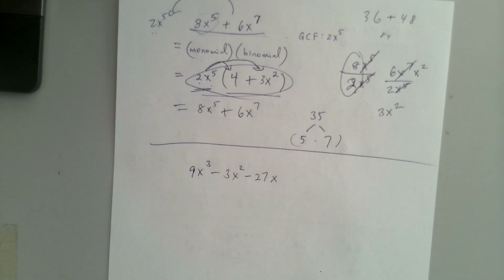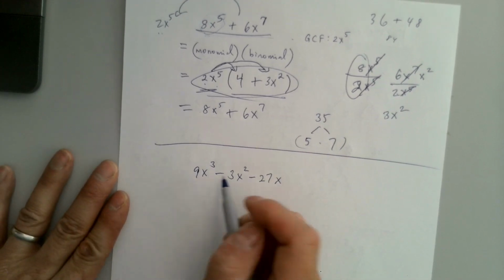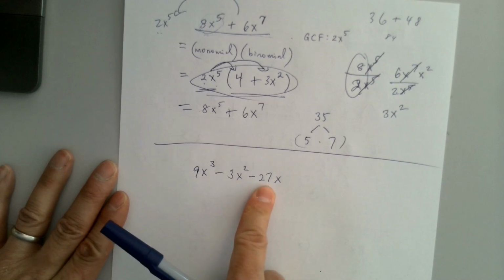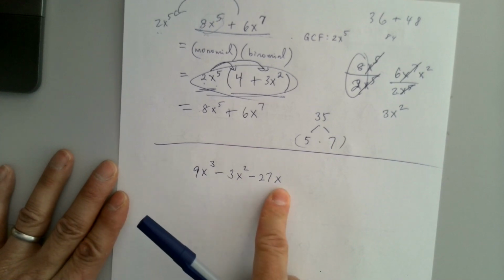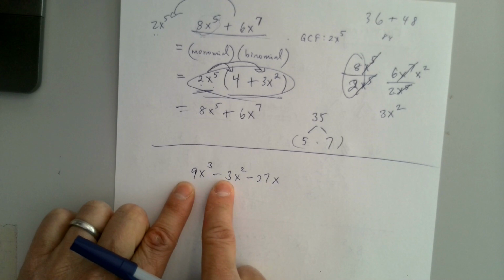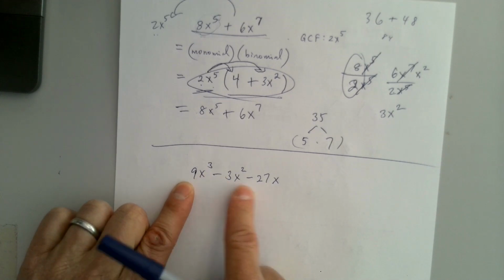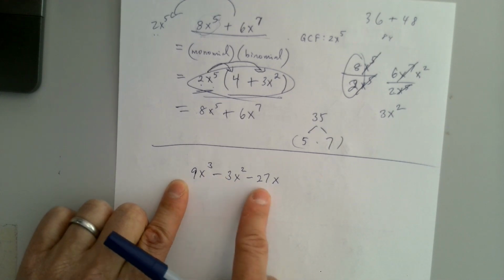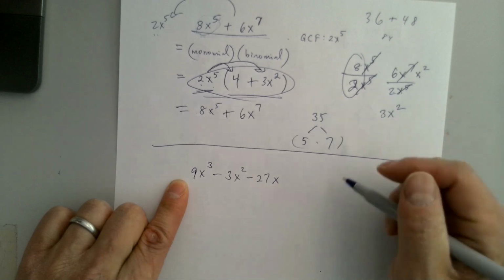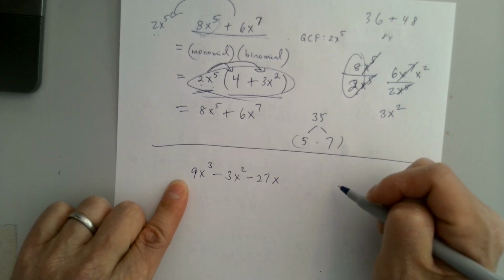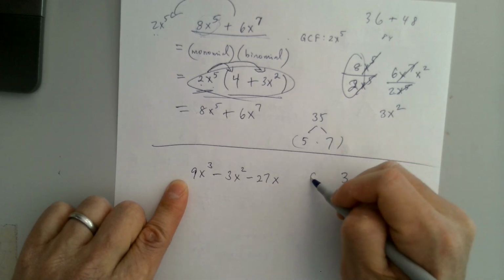Okay, I have 3 terms, and I'm going to try to find a GCF of the 3 terms in this polynomial. Each term has a coefficient, 9, -3, -27. The GCF of 9, 3, and 27 is 3.